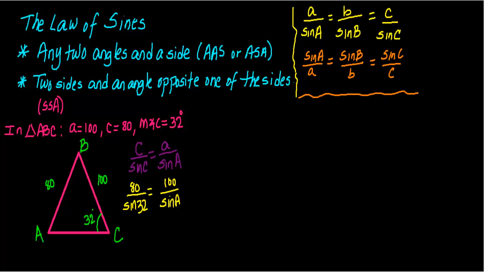Okay, so let's look for sine of A. We're going to cross multiply here, and that will give us 80 times sine of A equals 100 sine of 32. To isolate sine of A, we need to divide by 80 on both sides.